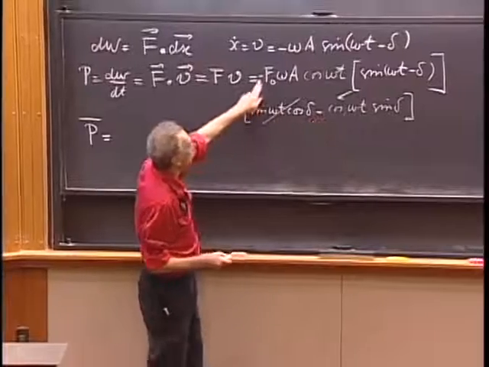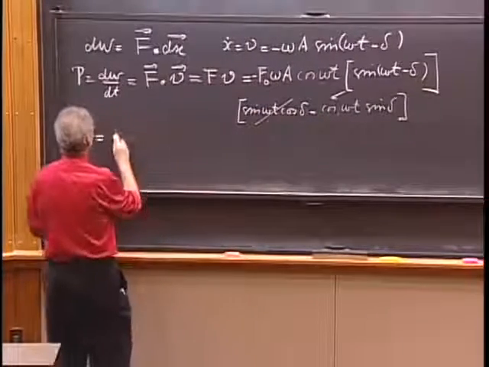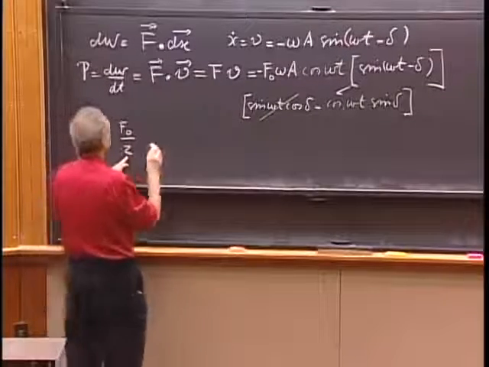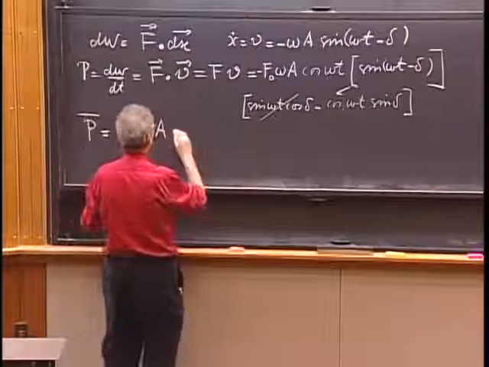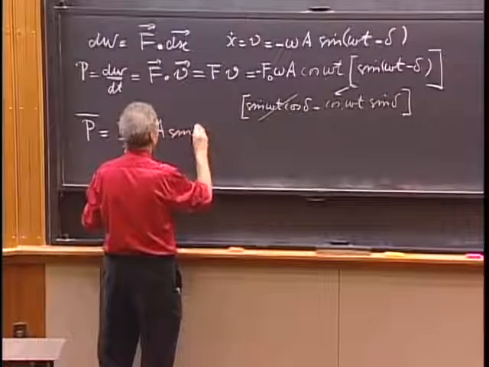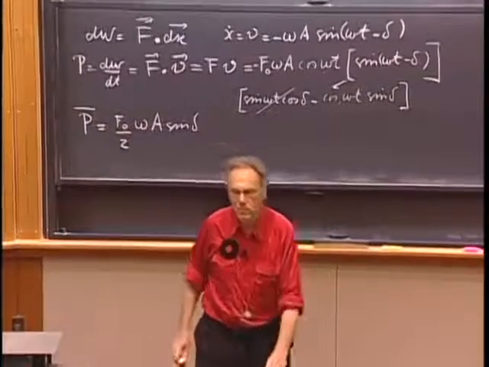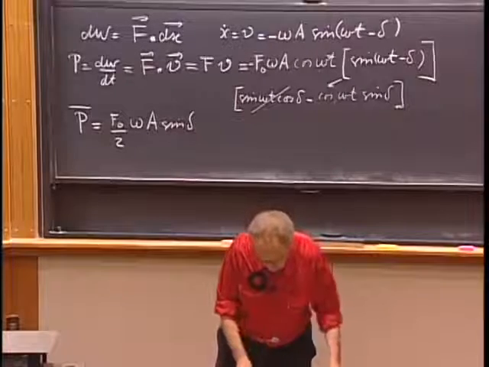And so this minus picks up this minus, so it becomes a plus. So I get F0. I get the 1/2 that is here. Then I get omega. I get my A. And I get the sine of delta. Are we happy with that? So you see it collapses into something that is relatively simple.